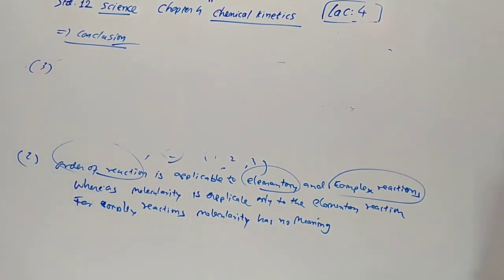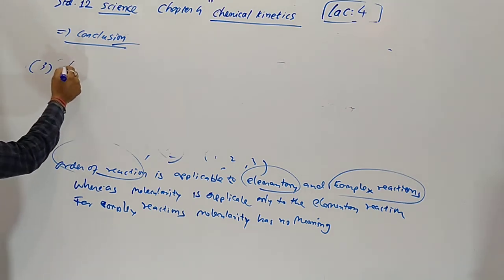For a complex reaction, order is given by the slowest step, and the molecularity of the slowest step is the same as the order of the overall reaction.